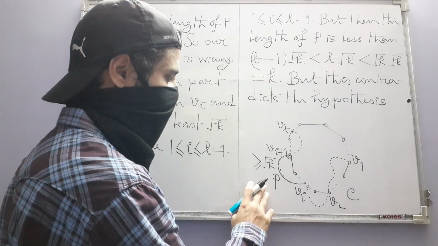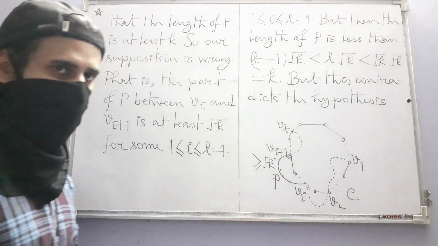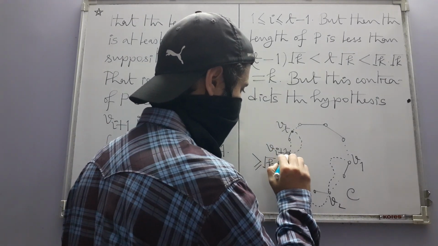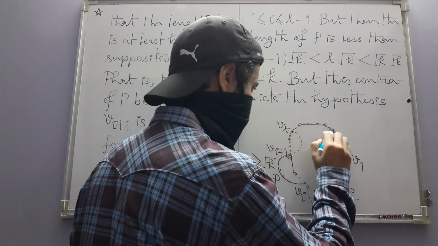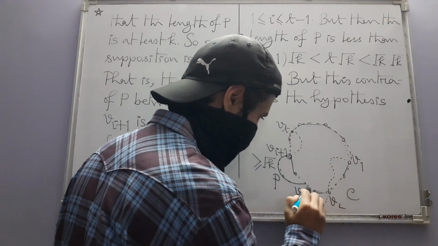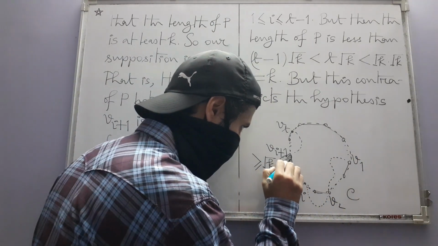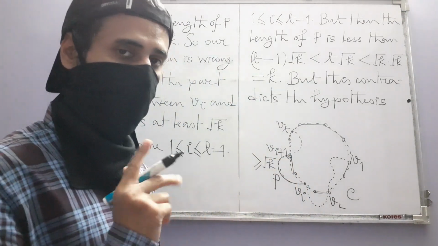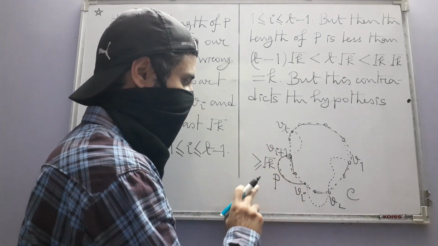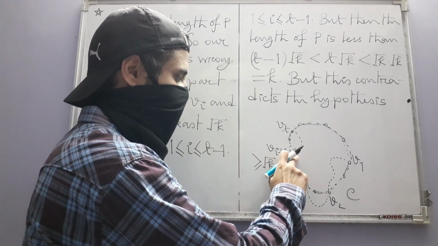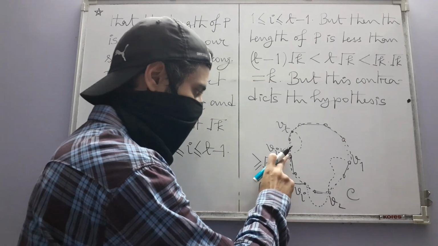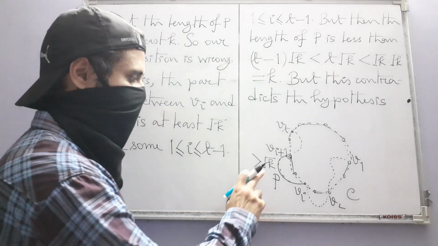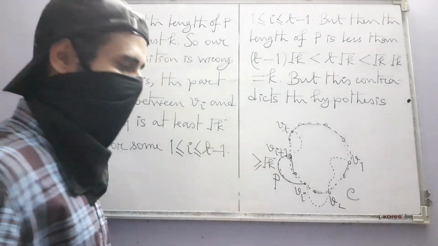Now we want to create a cycle using this path, and of course something else, and that something else you can either choose to be this path joining v i and v i plus 1, or this path joining v i and v i plus 1. That is, along the cycle you have two paths joining v i and v i plus 1. You can decide to combine any one of them along with this part of P to create a cycle, and the length of that cycle of course will be greater than or equal to root k.